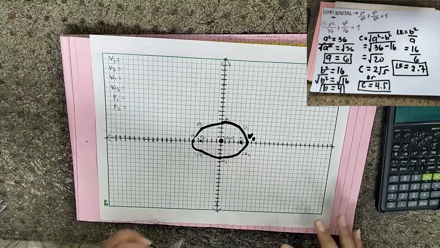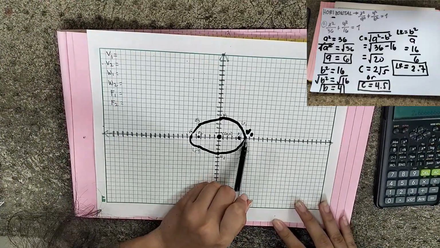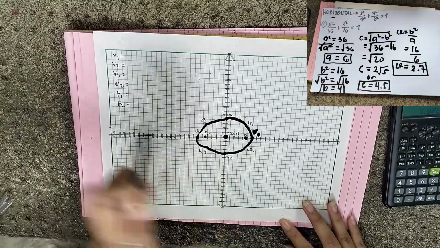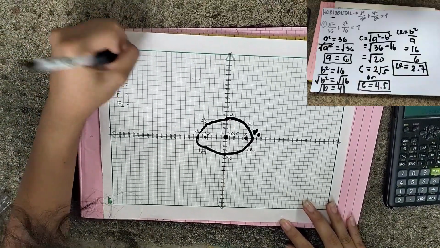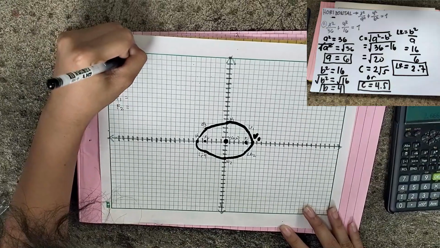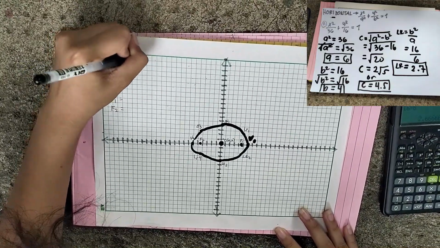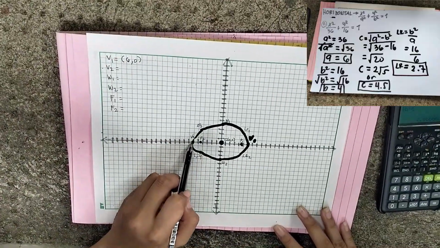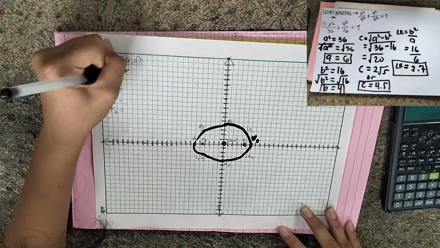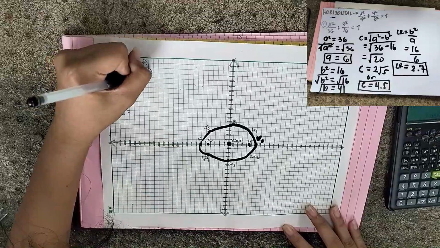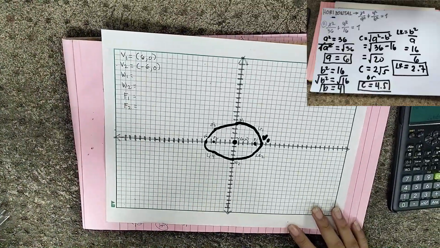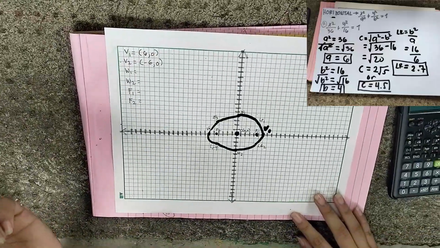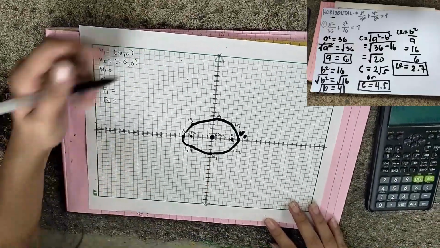We already figured out that V1 is 6, and since it's aligned on the x-axis, that will be 6, 0. And for our V2, right here, that would be -6 and 0.